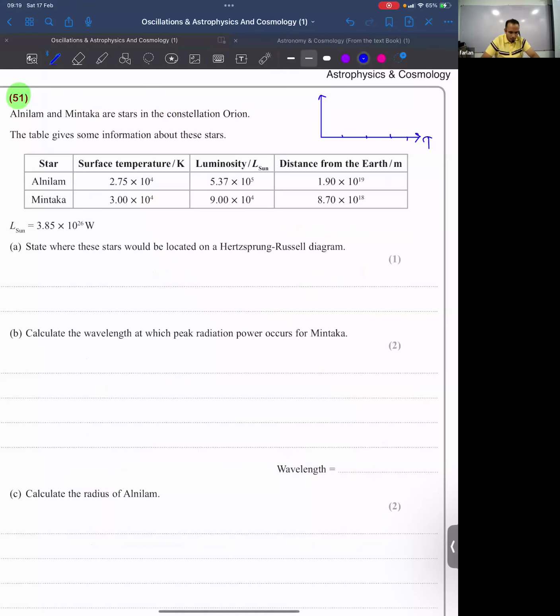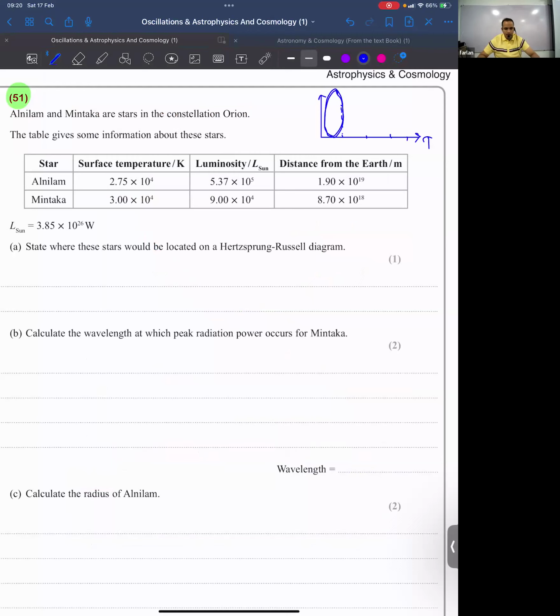Now looking at the surface temperature, Alnilam has a surface temperature of 27,500. Mintaka has a surface temperature of 30,000, 3 into 10 to the power 4. That means it's somewhere here, definitely towards the left hand.